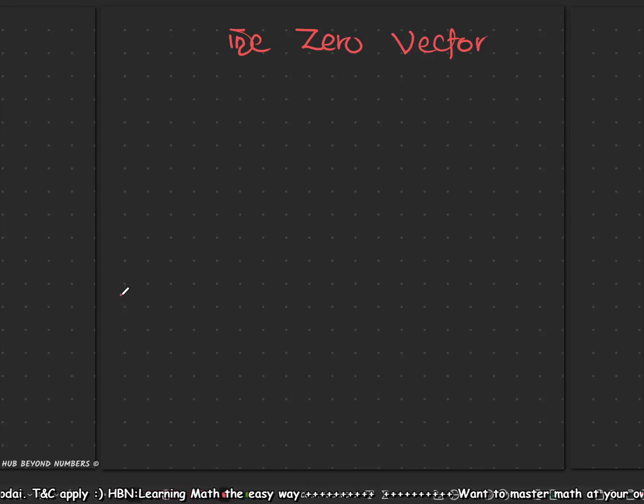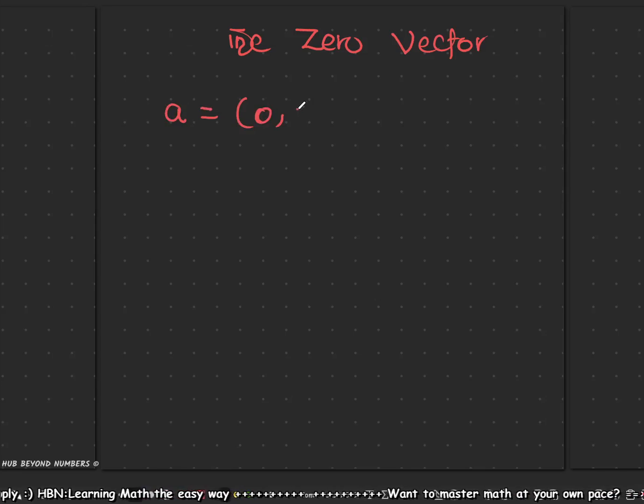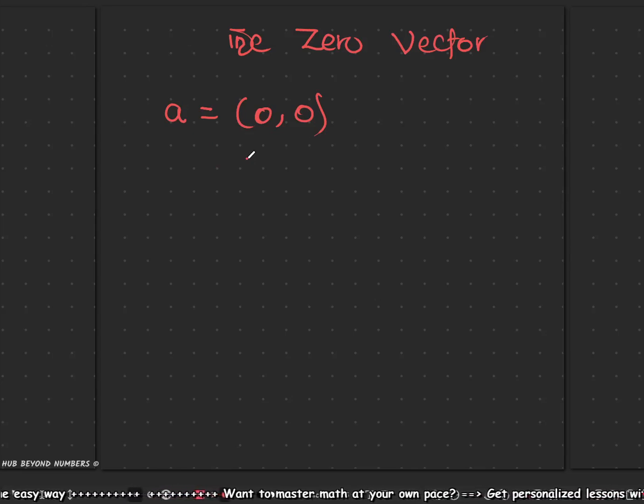So let's say if vector A is a zero vector, then these are its coordinates, 0, 0. And we say the magnitude of the zero vector is 0. So a vector whose magnitude is 0 is a zero vector. So that is just by the way.